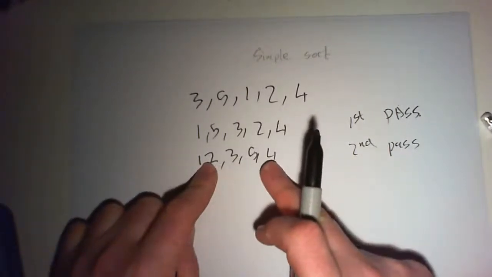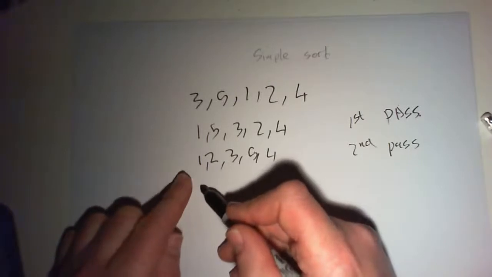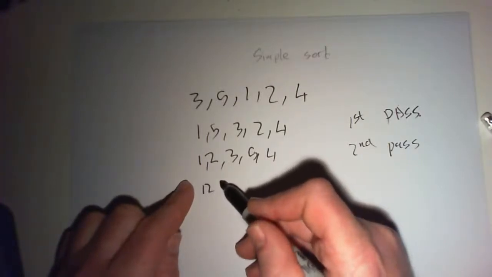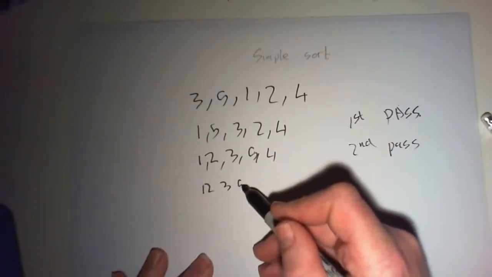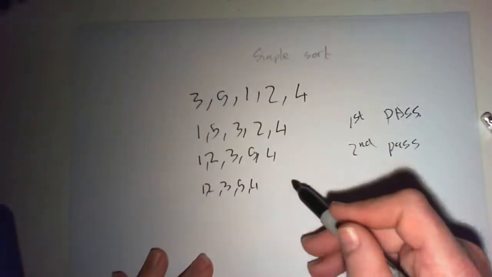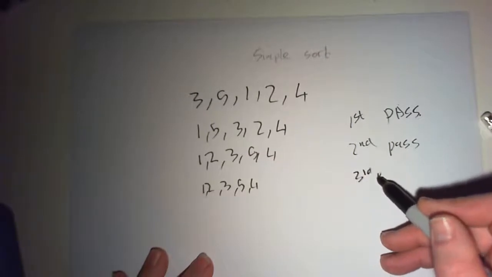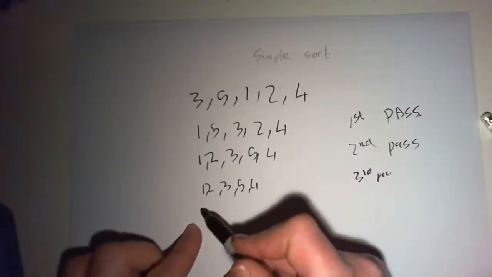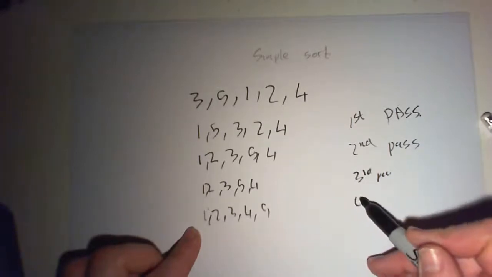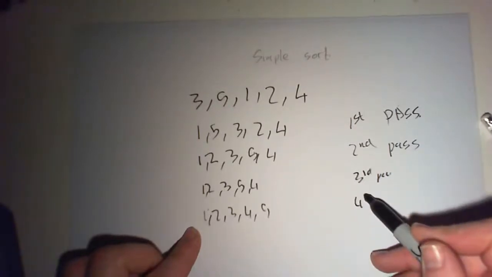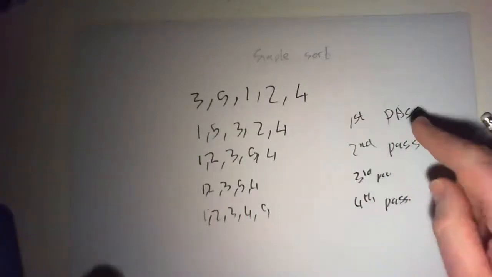So it'll find a 3 and put it in the correct order. Finds the next one. And that's it done.